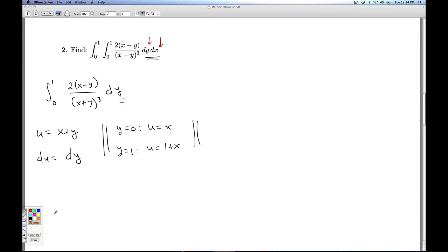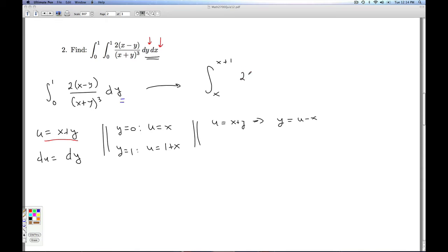And I'm going to have to solve this equation for y just as I solved it for x before. U equals x plus y is going to give me y equals u minus x. So when I go to transform this into an integral involving u's and x's, what do I get? I'm integrating from x to x plus 1.